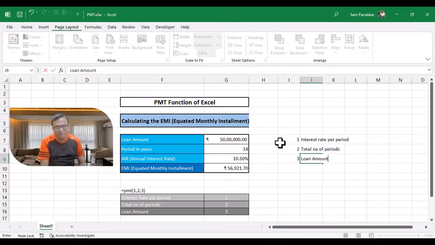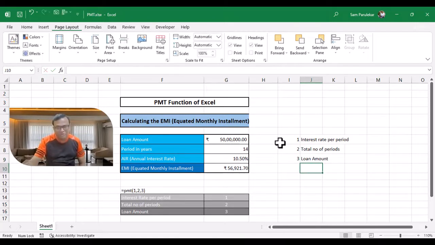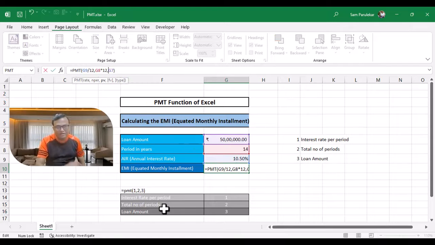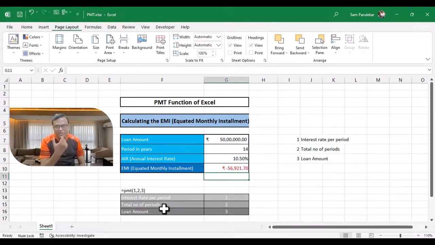Now what happens if we forget to type the negative sign? Let us see the formula, and we'll alter it by removing the negative sign and hit enter. You can see that it shows you the result in red color. Red is a commercial terminology. It indicates that the figure it is showing you is a loss.